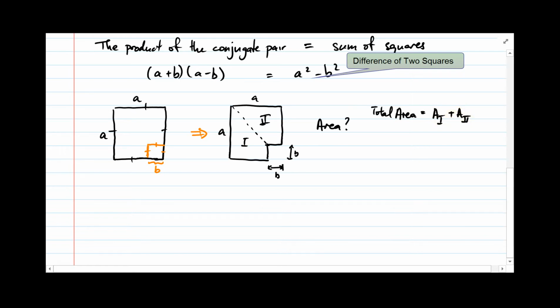But by symmetry they are actually equal, so it is twice area 1. All right, what shape do we have for each of these? Let me bring this out a bit more.